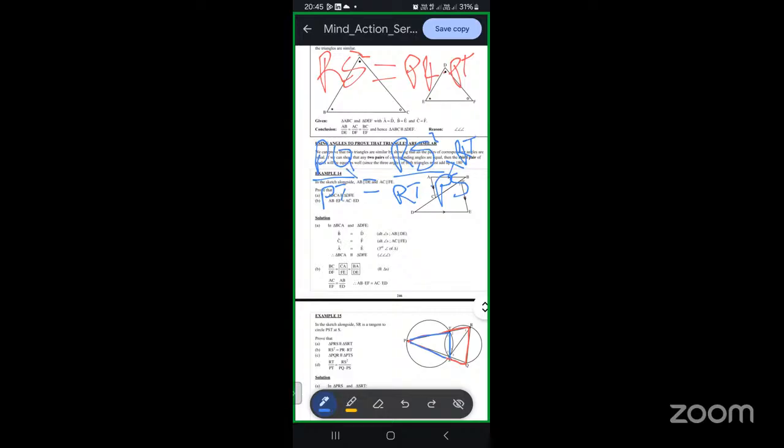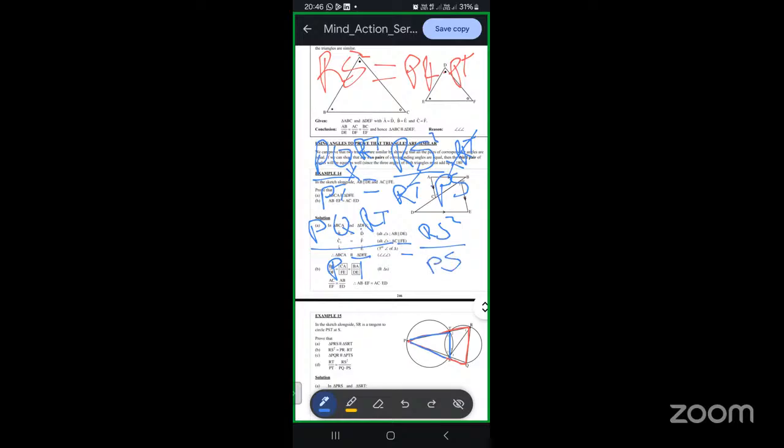So times RT here. Now this will cancel out with that. We will be left with PQ times RT over PT is equal to RS squared all over PS.